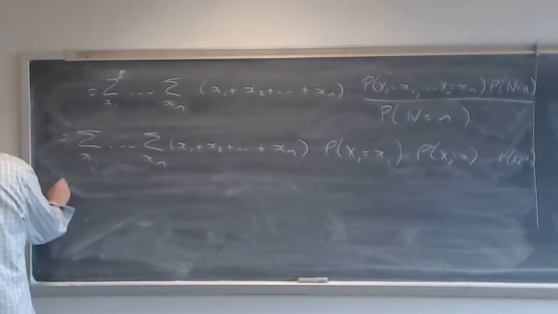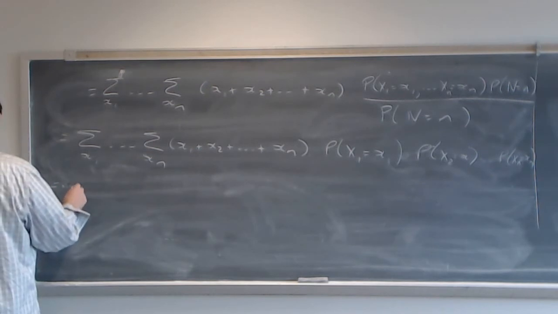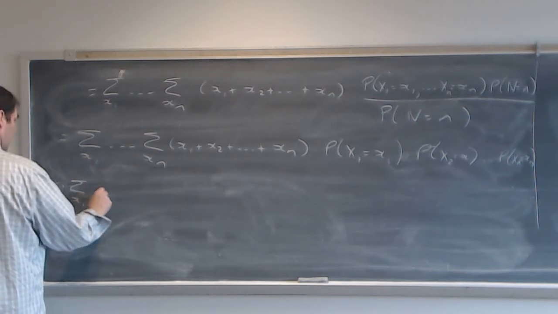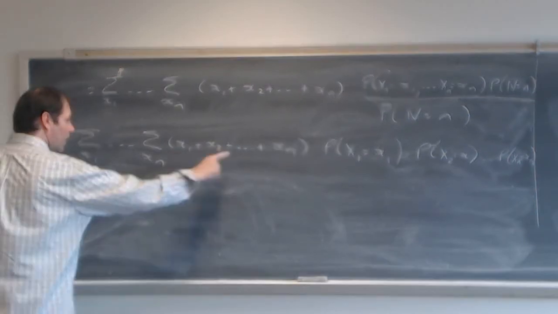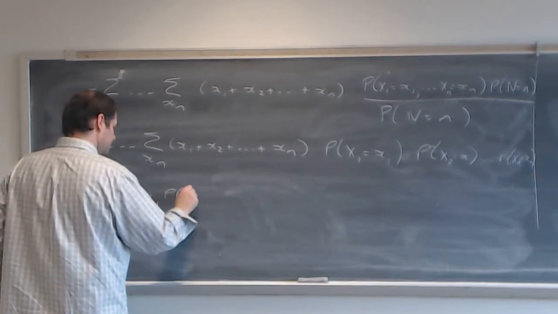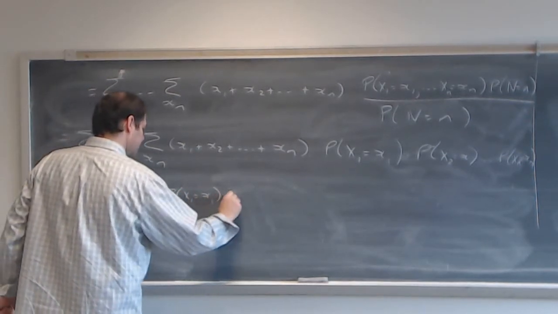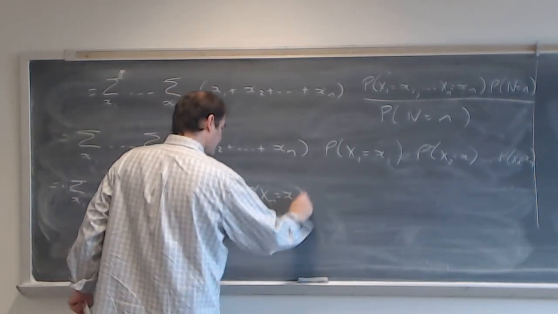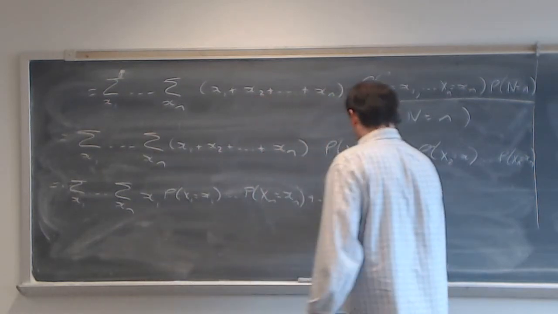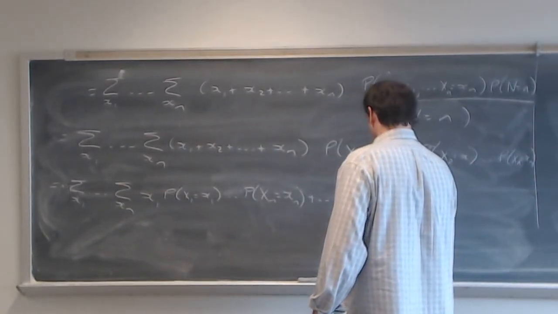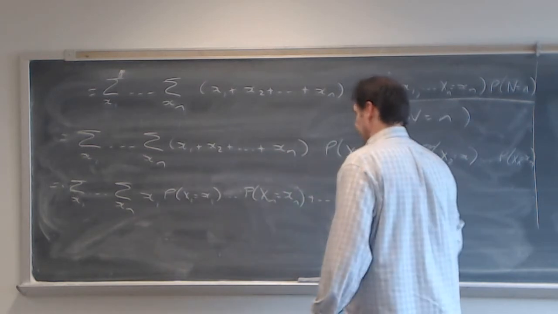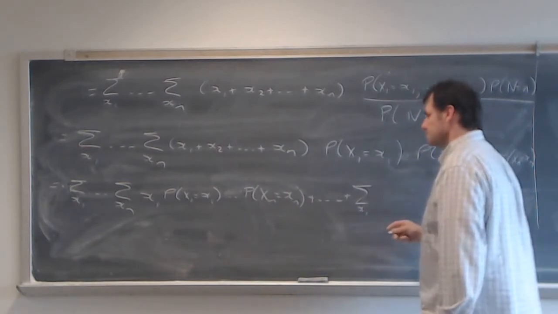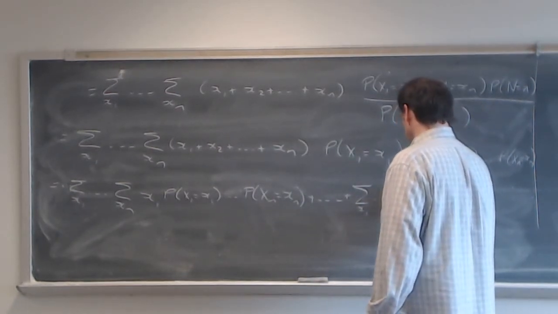And so what you end up getting here is, if you will, a sum over x1, well, I'll still write it all out, up to xn, of x1 times all this. Plus, you keep on having these n number of sums, because you're distributing here and then just taking the sum of each one of these guys once you distribute all this.